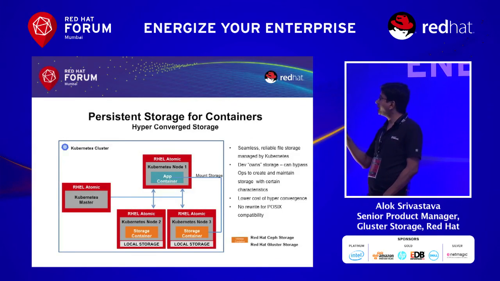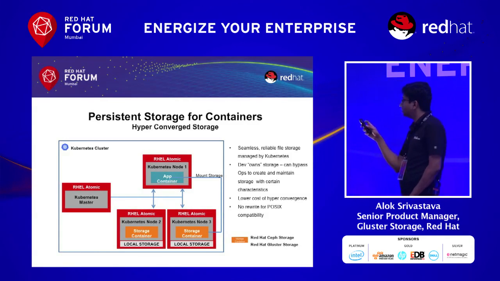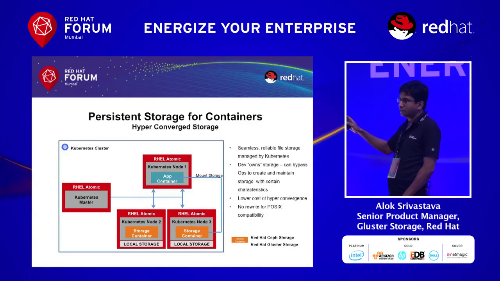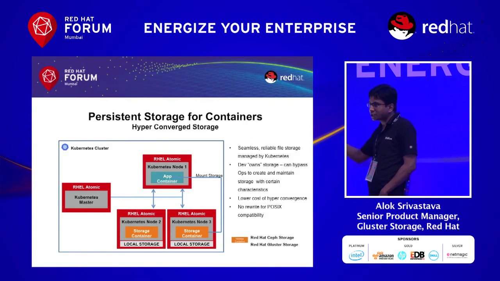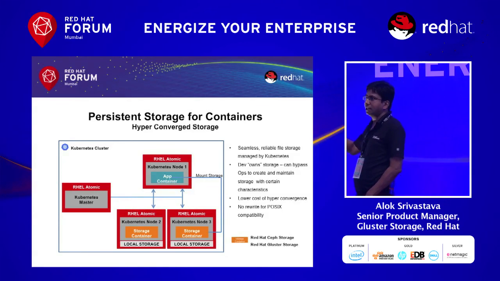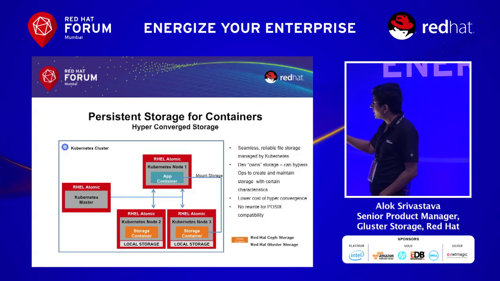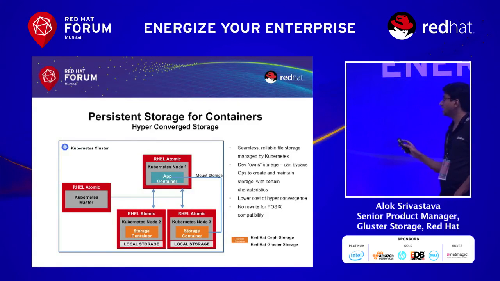So you can bring up a container in which you would have installed Red Hat cluster storage, right, along with Kubernetes, and Red Hat cluster storage makes use of the local storage, and it can co-reside on the same node on which you have your application containers, or the application container can reside in a different host, and then you can either do an NFS share, or you can provide a fuse mounted storage to the application containers.